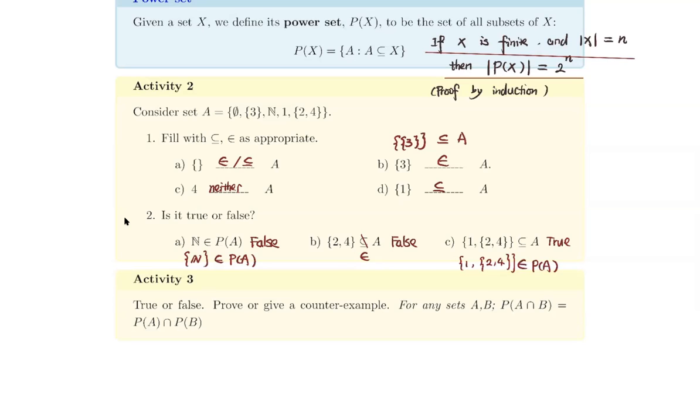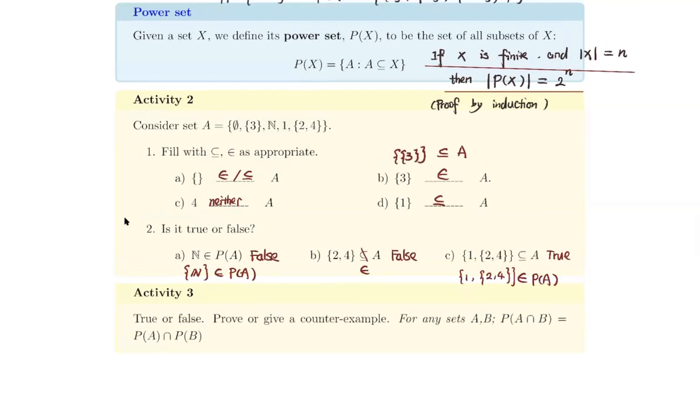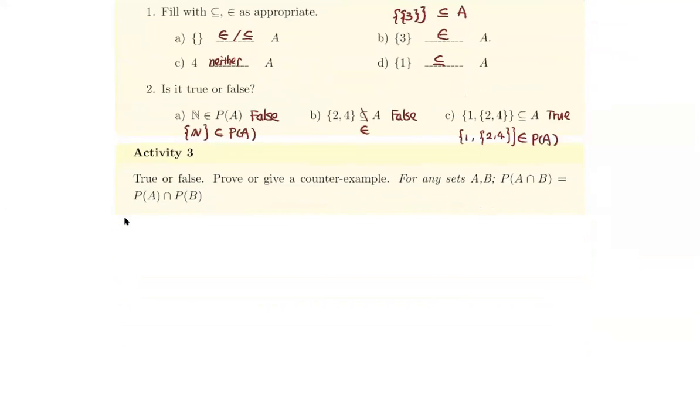Okay, so what I want to say is that if a set is a subset of A, then the same set becomes an element of the power set of A, by the definition of power set. Again, I'll repeat that again. If a set is a subset of A, then it's an element of the power set of A. Okay, it's really important because we need to use that for the next activity.